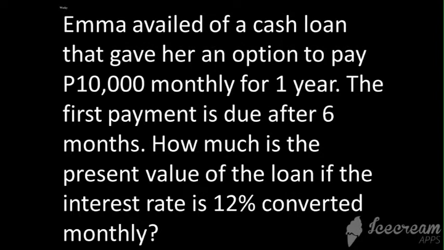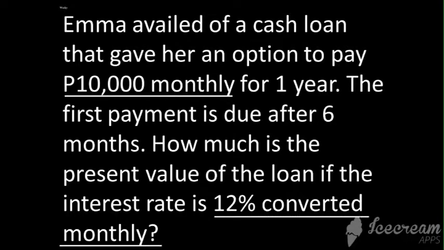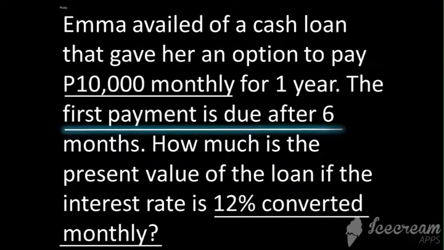We can see in the problem that Emma needs to pay 10,000 pesos monthly, while the interest rate is 12% converted monthly. So this one is a simple annuity. However, the first payment is due after 6 months.